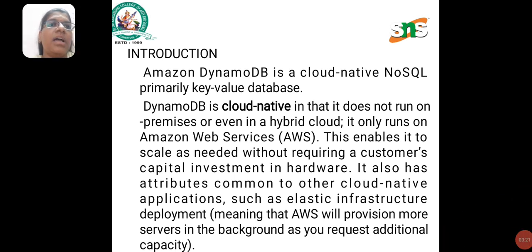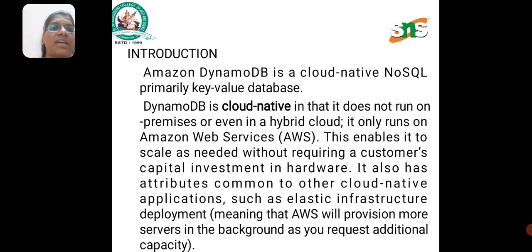DynamoDB is called cloud native in that it does not run on premises or even in a hybrid cloud. It only runs on Amazon Web Services, that is called AWS. This enables it to scale as needed without requiring a customer's capital investment in hardware.